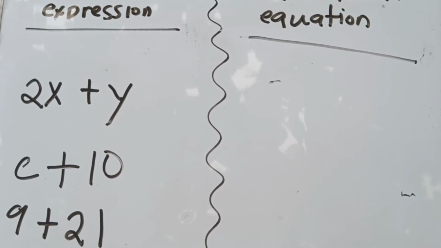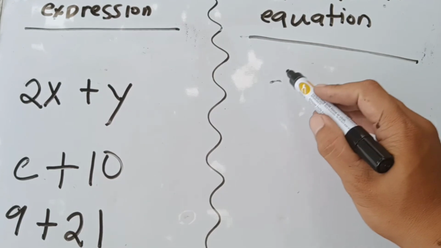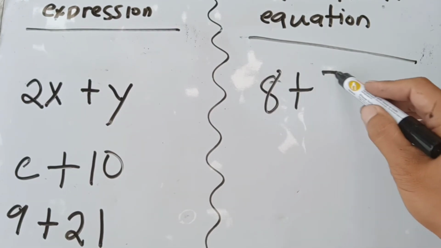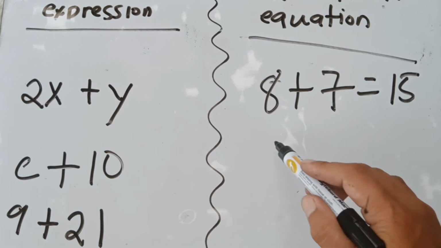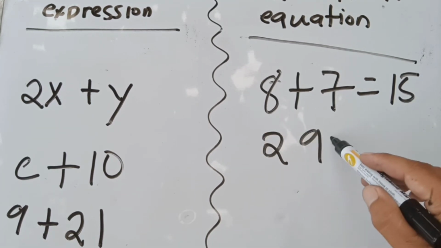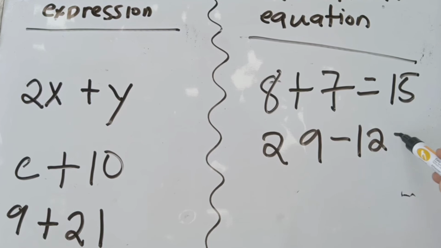While a mathematical equation contains an equal sign, it shows an answer or ends up representing the value of the variable. For example, we have 8 plus 7 equals 15. We have 29 minus 12 equals 17.